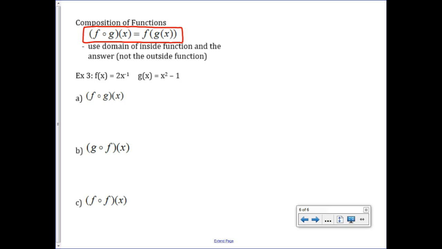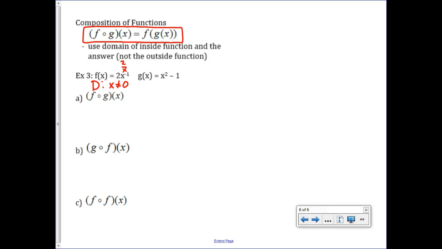Well, f of x, our domain here, so 2x to the negative 1 is the same as 2 over x. Remember, we can't divide by 0, but we could put negative numbers in there. So we could have everything except for where x is 0.